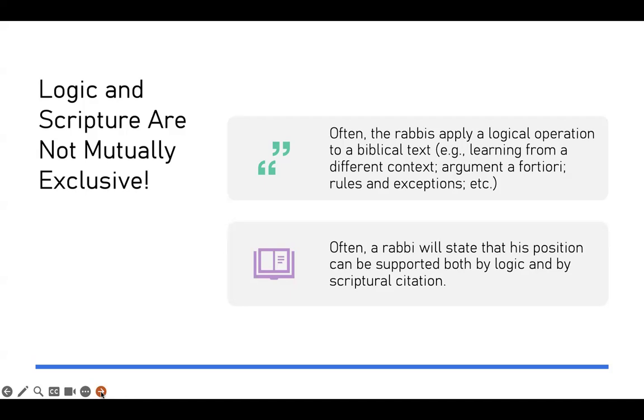Sometimes they'll read the biblical rule very carefully, trying to discern whether there are rules and exceptions and what exactly is the combination of those. So sometimes the biblical text itself will be the subject of some logical structure. And often a rabbi might state that his position can be supported both by logic and by scriptural citation.